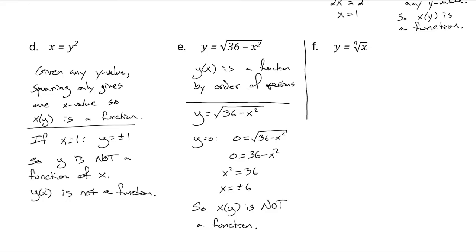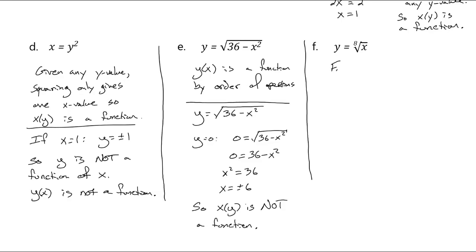All right, we got one more here to finish up this video. For the last one, we have y equals the 8th root of x. So if I take an 8th root, that's like a square root, but it's saying what number times itself 8 times will give us the input to that 8th root. And that's always going to give us the same answer. There's only going to be one answer to that.